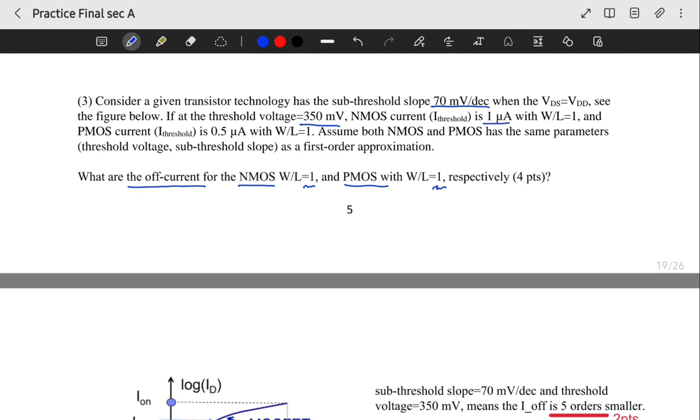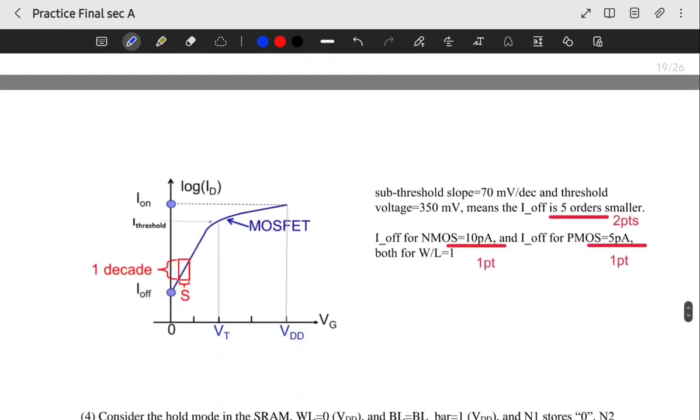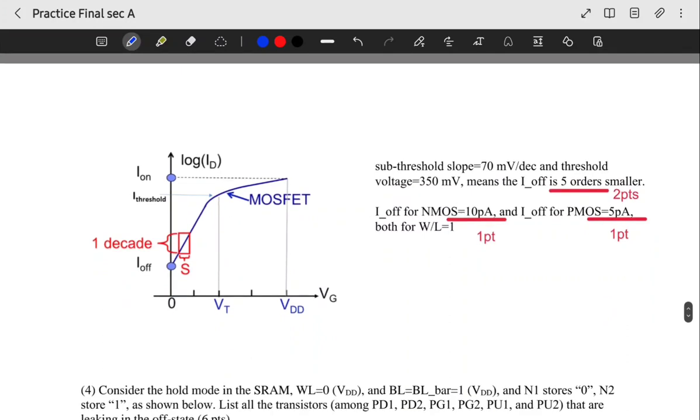It's 1 microamp for the NMOS, and for the PMOS is 0.5 microamp. So it's exactly the same as in your homework question.